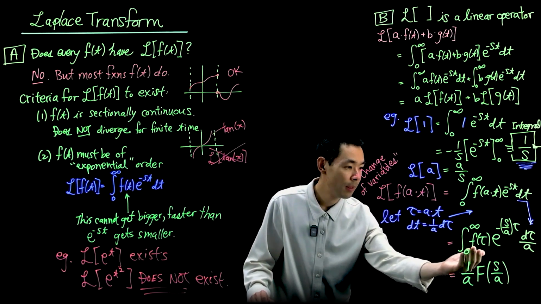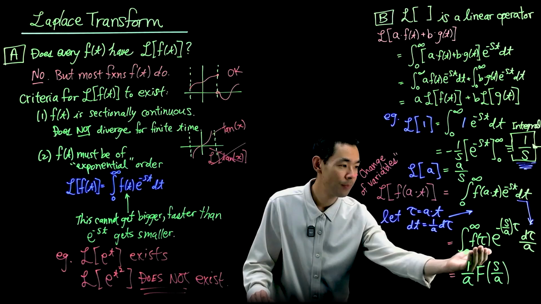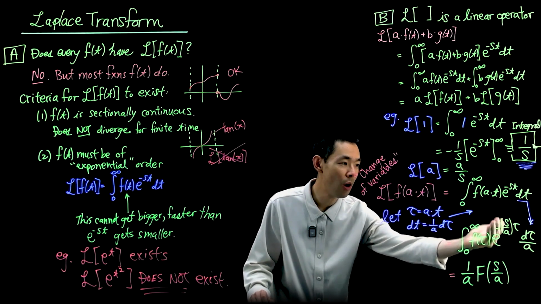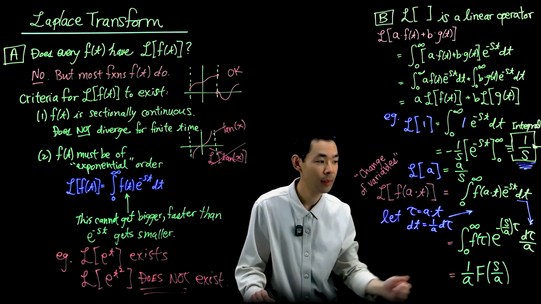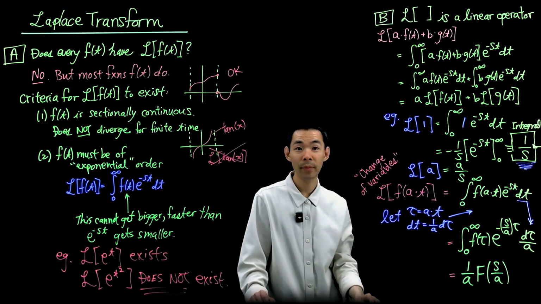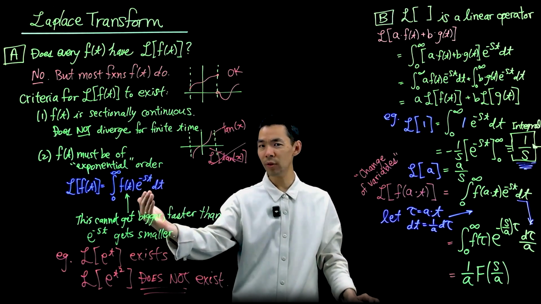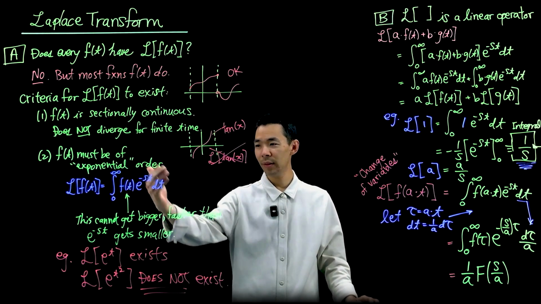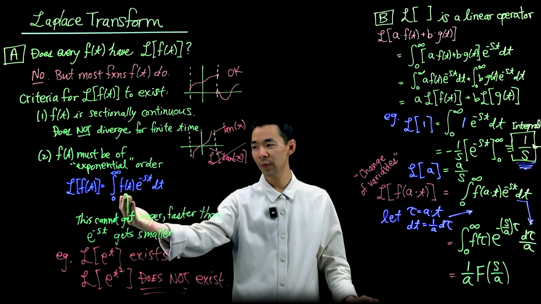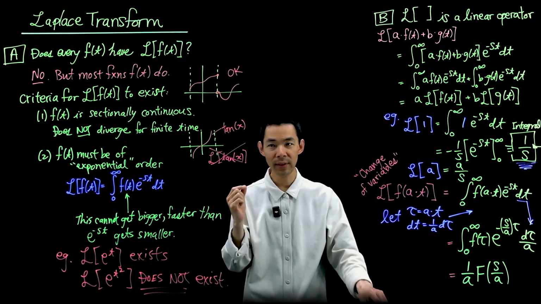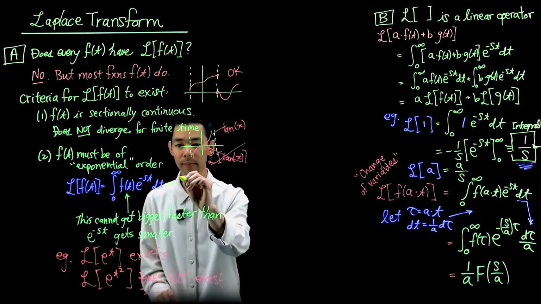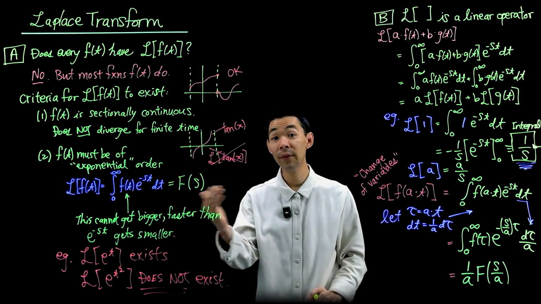Now, this is the part that's a little bit tricky, but let me explain it. So we have the function little f of tau times e to the negative s over a times tau, integrated over d tau. Therefore, if you go back to the original definition, this integral was some function f of little t e to the negative st dt, and we said that this thing was equal to F of s.